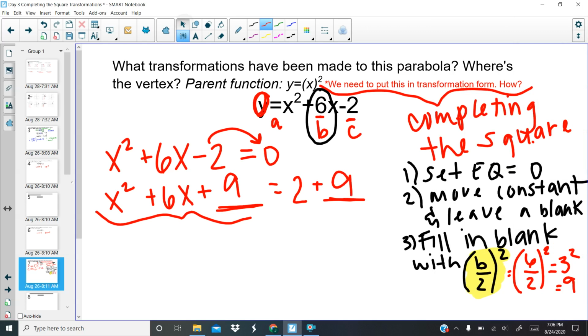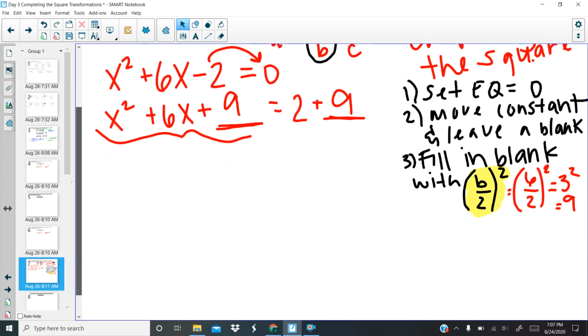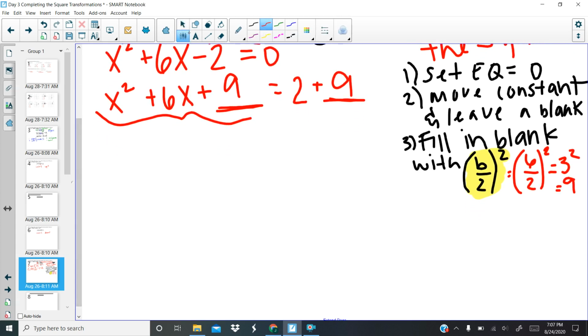So then the next thing we need to do is you're essentially going to factor the left-hand side. So when I say factor, I really just mean you need the same factor twice. That was the whole point of filling in that blank with that 9. So you would be looking for two numbers that multiply to 9 and add to 6, and they should be the same number.